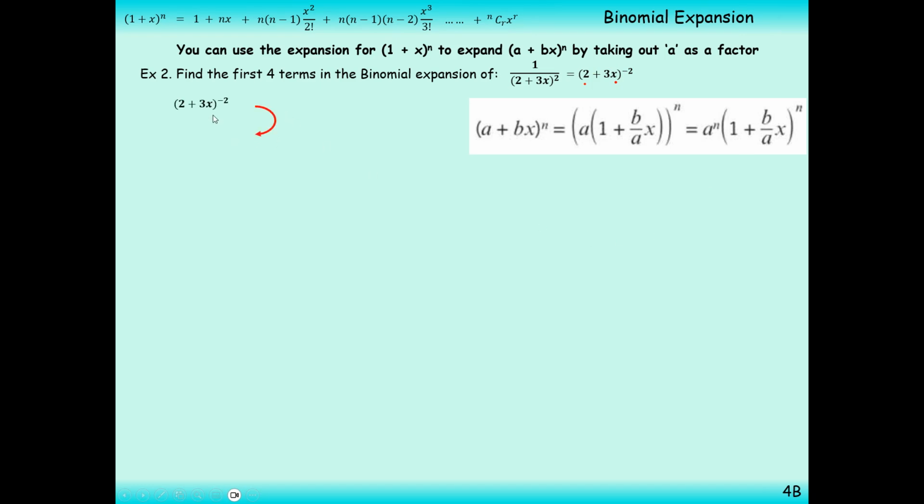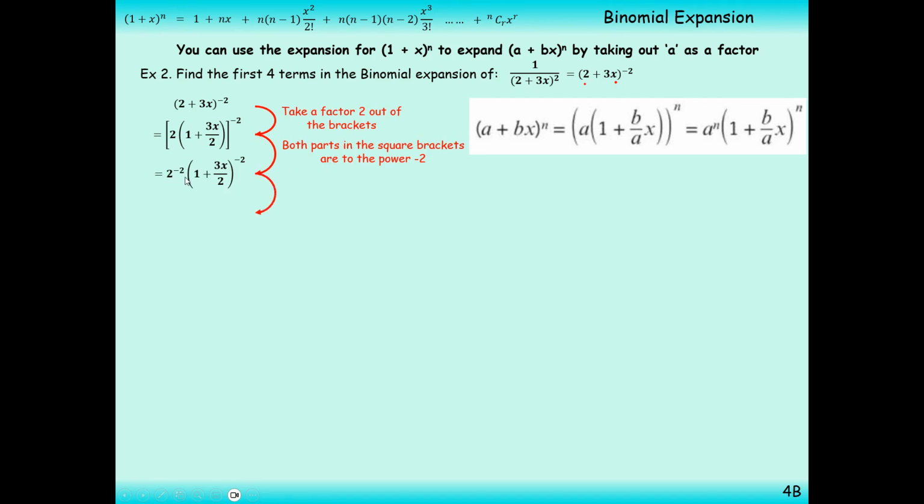So this term here can be written as such. Then we'll distribute the power of minus 2, and 2 to the power of minus 2 is a quarter. So let's leave that as a quarter outside the bracket. Let's deal with the bracket that has a power of minus 2 with the binomial expansion formula.